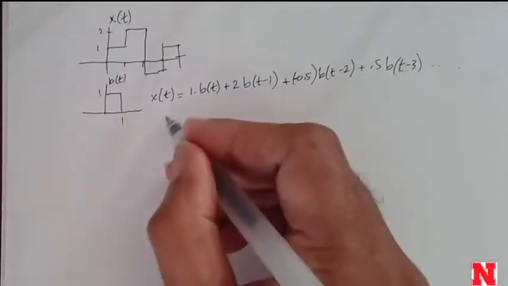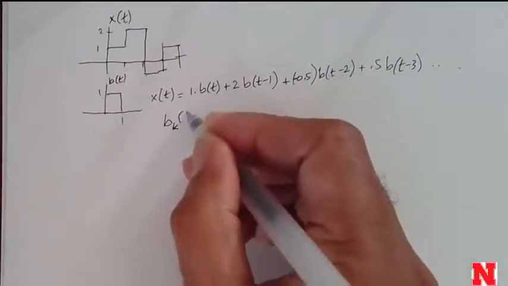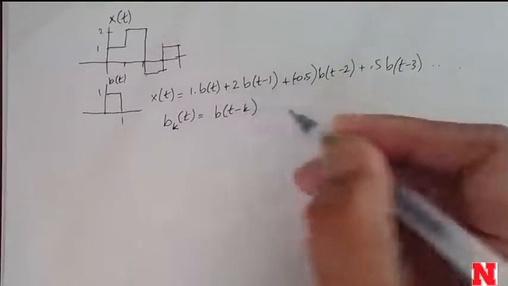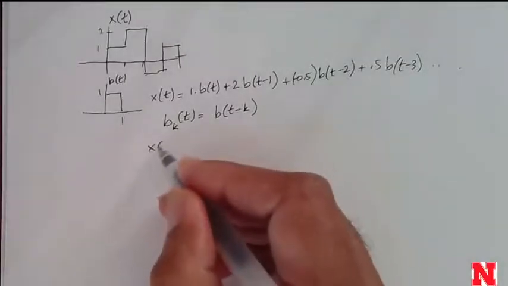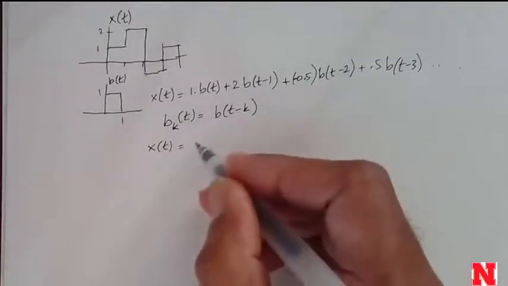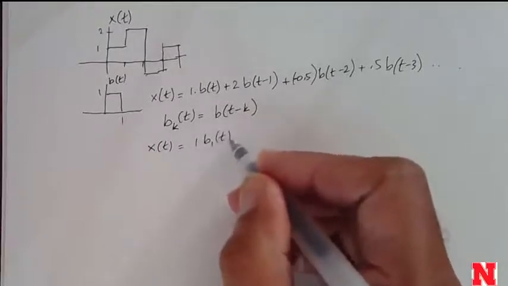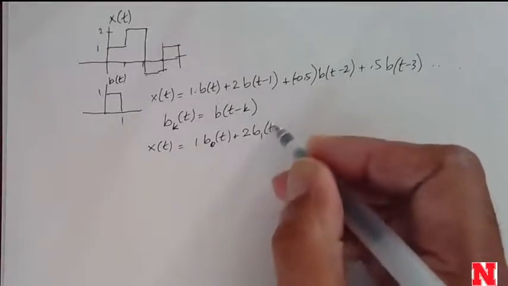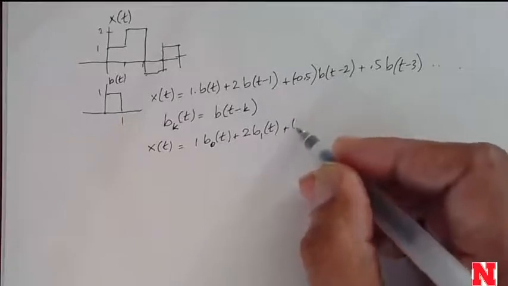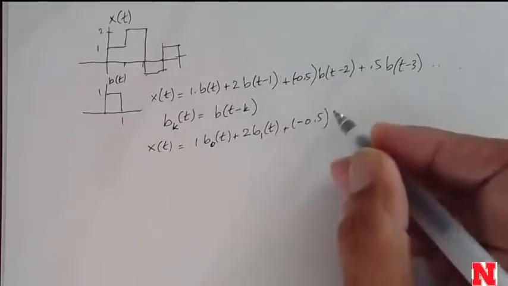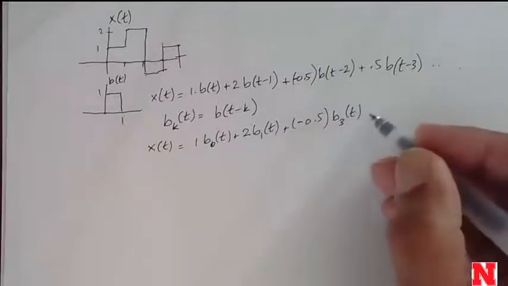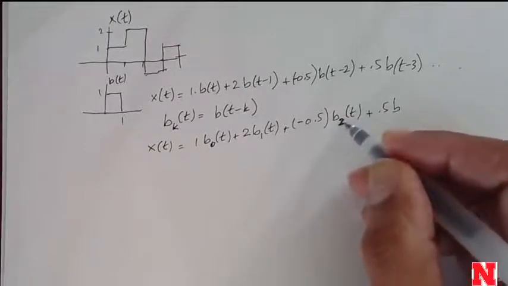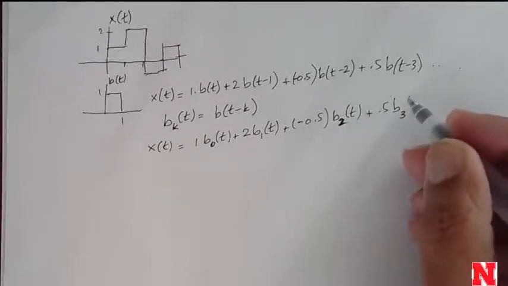And now if I make a definition, let's call b sub k of t equal to b of t minus k, then I could write x of t as 1 times b0 of t plus 2 times b1 of t plus minus 0.5 times b2 of t, and so on. Keep wanting to go one step too far.